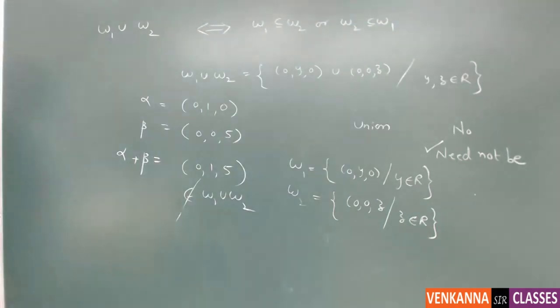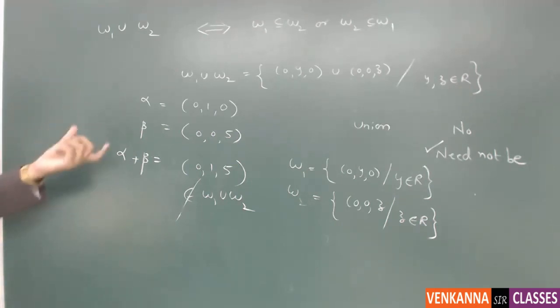So if you want to confirm that the union is a subspace, the checking condition is that one set must be a subset of the other. In that case only the union is always a subspace.